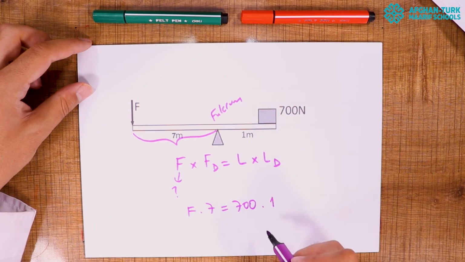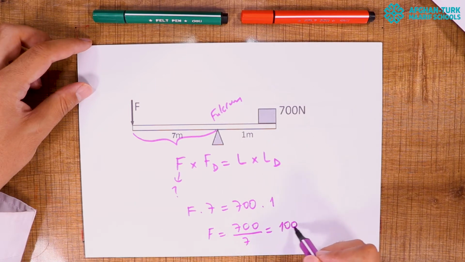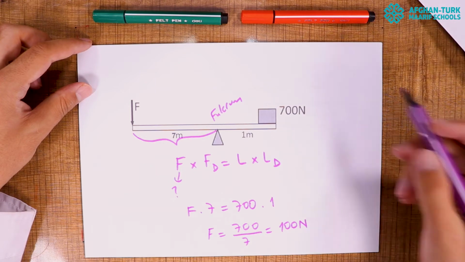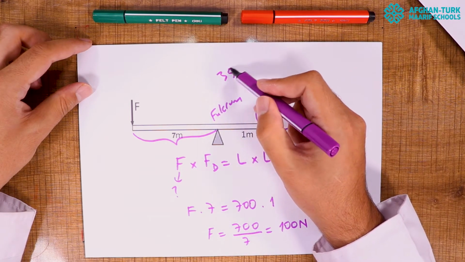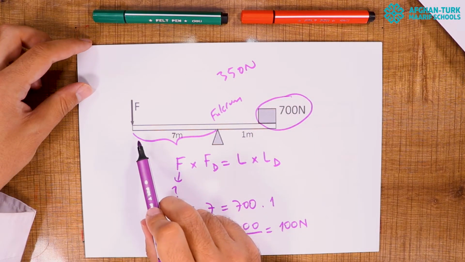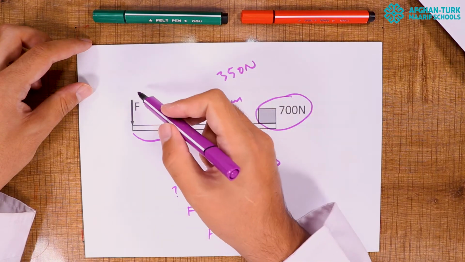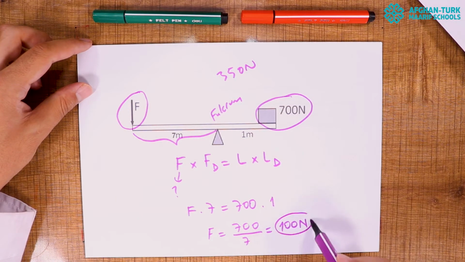This is the load distance. So from here, I can find 700 divided by 7, that's equal to 100 Newton. At the beginning, to lift this load, I need 350 Newton. But if I lengthen the force distance, the required force decreases to 100 Newton.